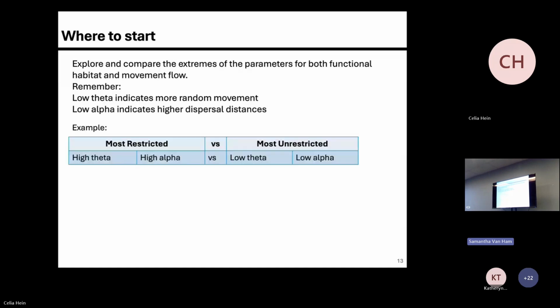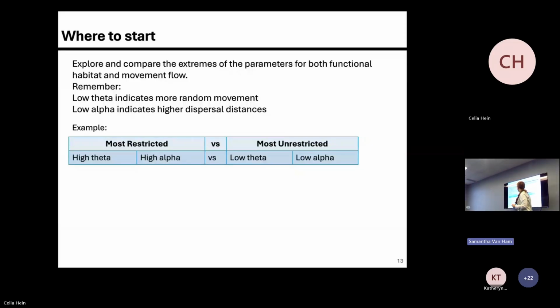So the first comparison, let's take a look at the most restricted versus the most unrestricted map. Let's do it for functional habitat first and then movement flow. By most restricted, I mean set your theta to the highest level in your drop-down menu, so that's the closest to least-cost path that you can see.